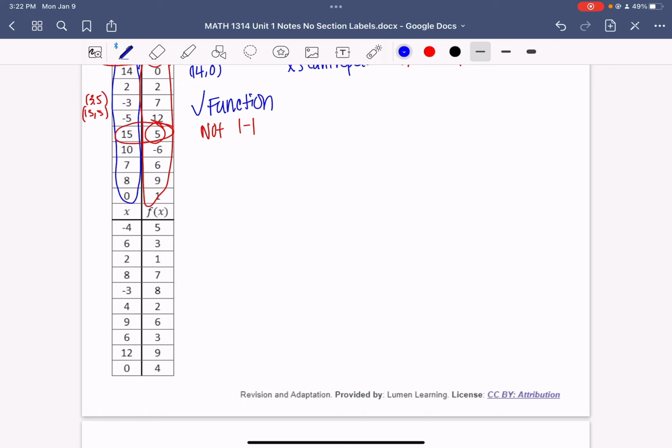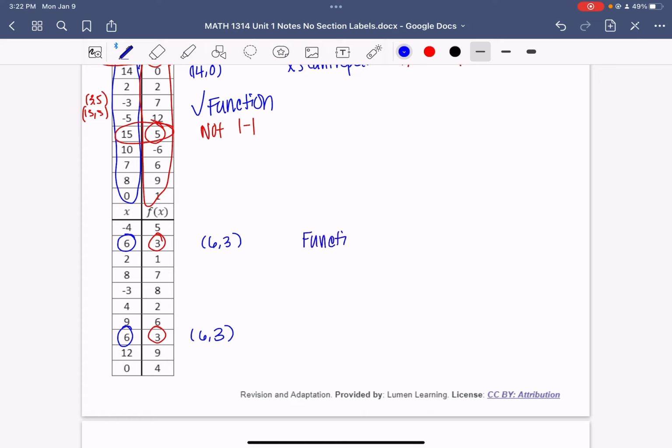Now in the next table, something unique happens. So we look at our x values and we see that 6 repeats. But when you look at your y values, 3 repeats. So really what's happening here is the ordered pair 6, 3 is being listed twice, the exact same ordered pair. So that means 6 didn't get paired with any other number. 3 didn't get paired with any other number.